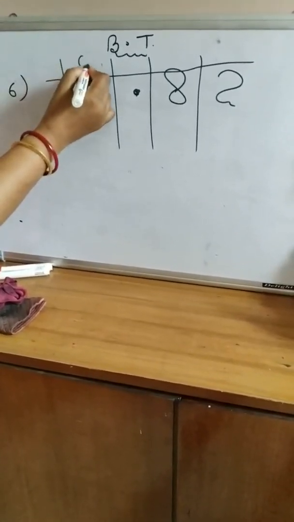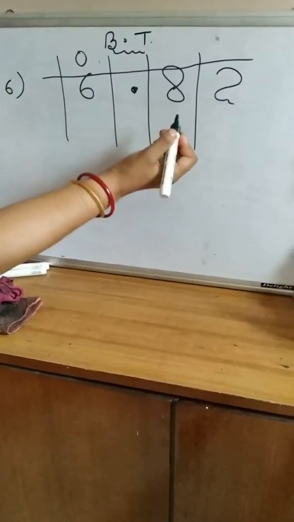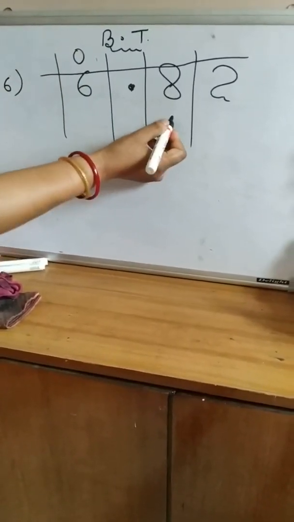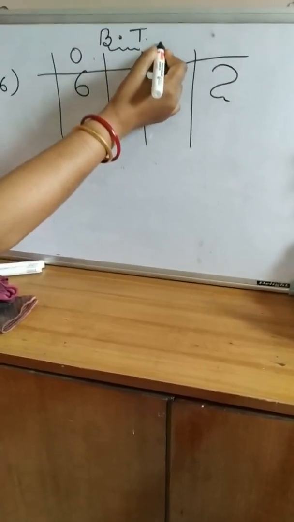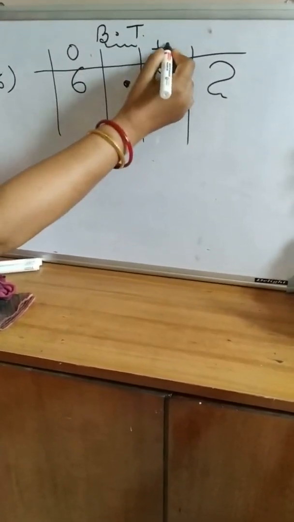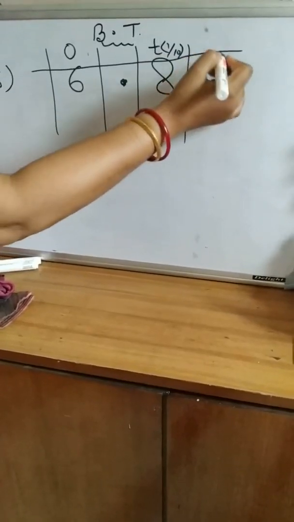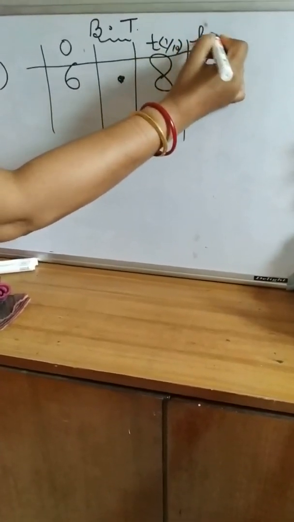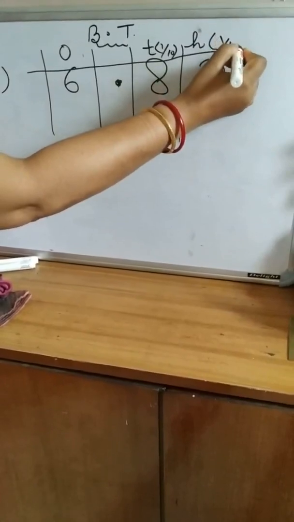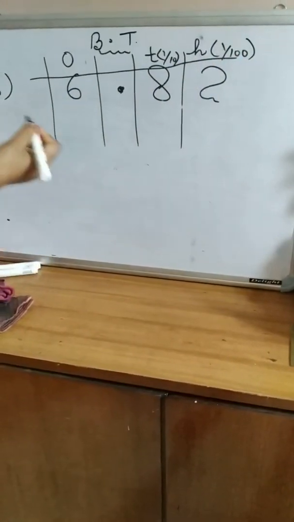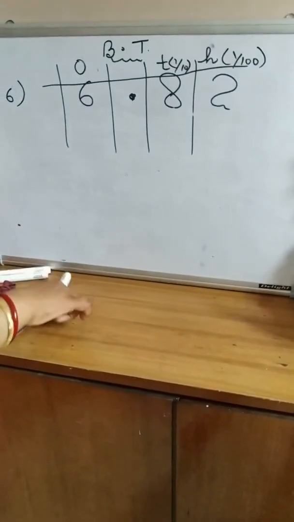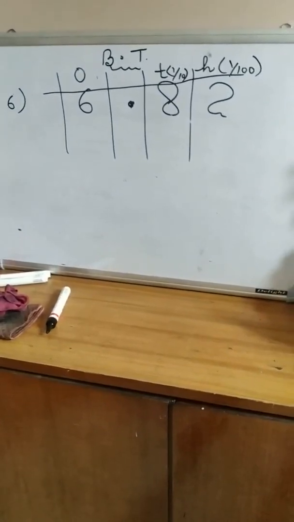So it belongs to the ones place. To the right of the decimal, the first digit belongs to the tenth place, that is 1 by 10 place. The second one, 2, belongs to the hundredth place, 1 by 100 place. So in this way you have to show the number in a place value chart.